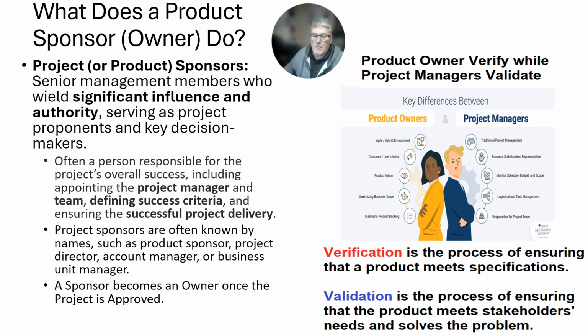For instance, if you have a blueprint, blueprints have dimensions, might be geometric dimensioning and tolerancing. So it's kind of saying this is how we are going to make the product. Afterwards, validation is ensuring that the product meets the stakeholders' needs and solves problems.